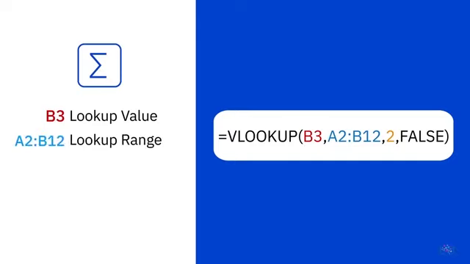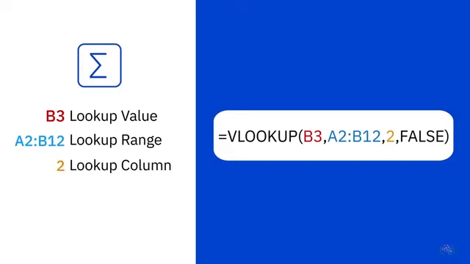A2:B12 is the lookup table or range, that is, the table array or range of cells that contains the lookup value. In a formula, Excel references this as table_array. The lookup table can be on the same worksheet or in another separate worksheet.